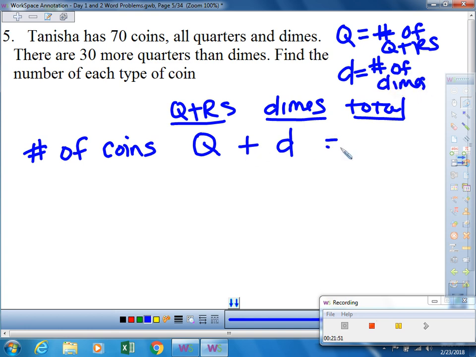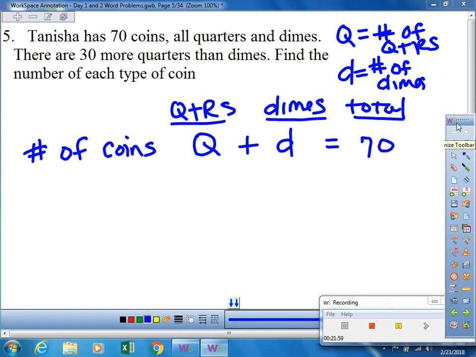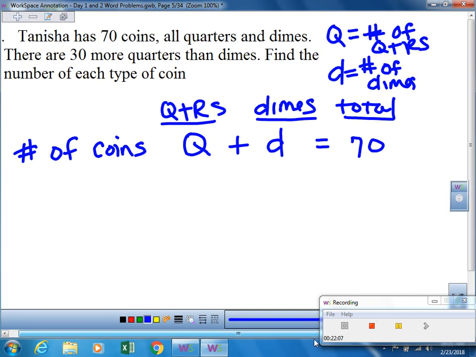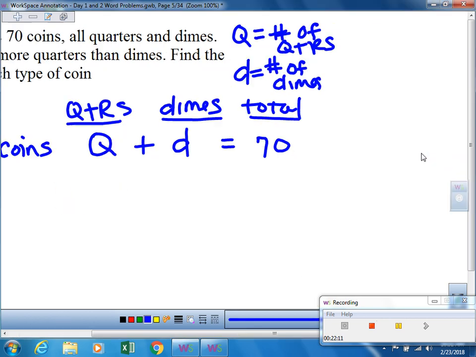So if I add those up, what's my total? 70. Okay, do I have a value statement? Does it give me the value of the coins? No.